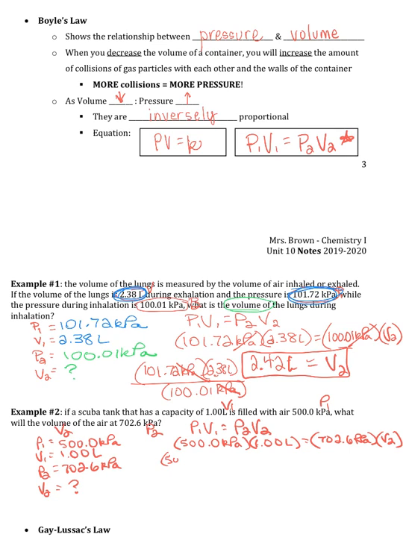Again, that's 500.0 kPa times 1.00 liters. I'm going to divide by that 702.6 kPa to get it on this side. That means they're going to cancel out, and that will isolate my V2. Plug that into my calculator, and I get 0.71 liters equals my V2.